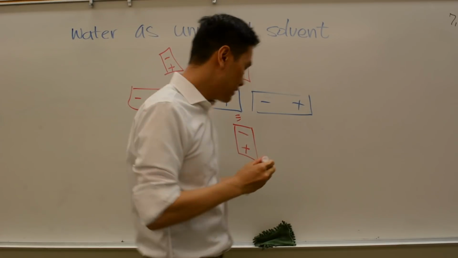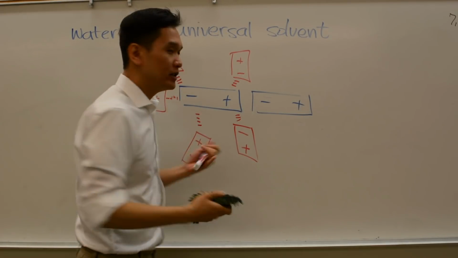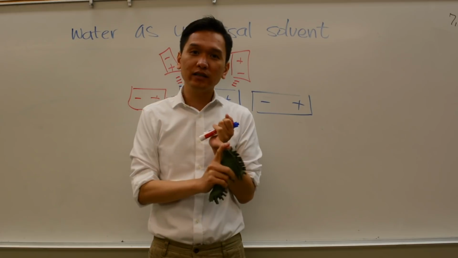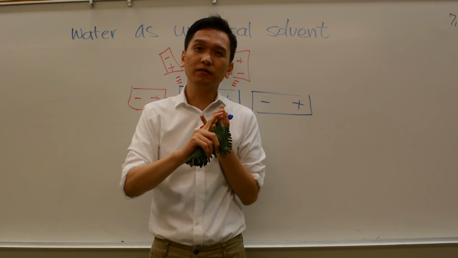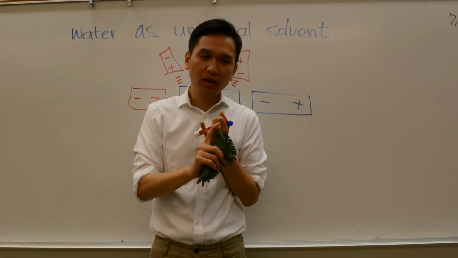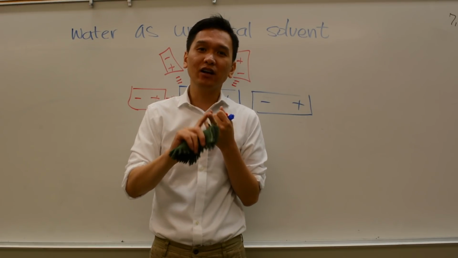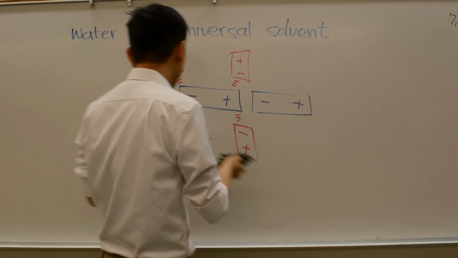Okay? Alright, so lastly, we just talked about how water can dissolve ionic solutes, and how water can dissolve polar molecules also. Now, it turns out water can't dissolve one other thing. Now, let's see why.